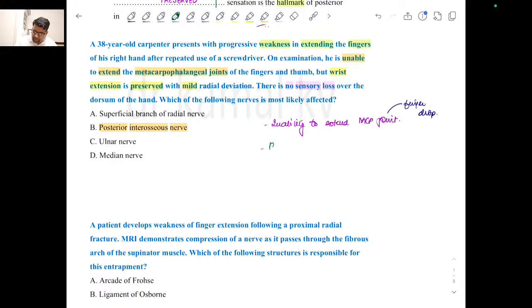Then wrist dorsiflexion possible, and we discussed this is possible because of which muscle? ECRL. And sensations normal. So the moment you have these three keywords in your question, the answer has to be posterior interosseous nerve.